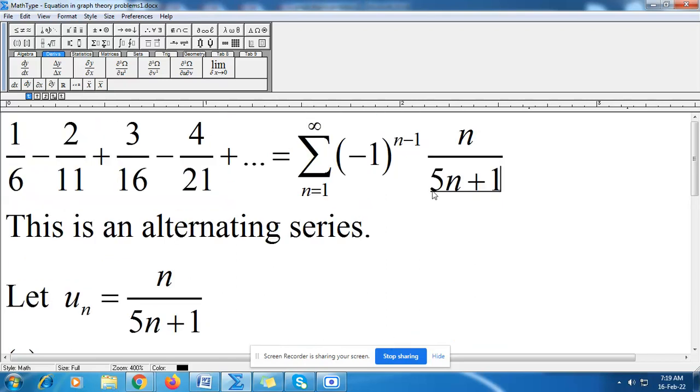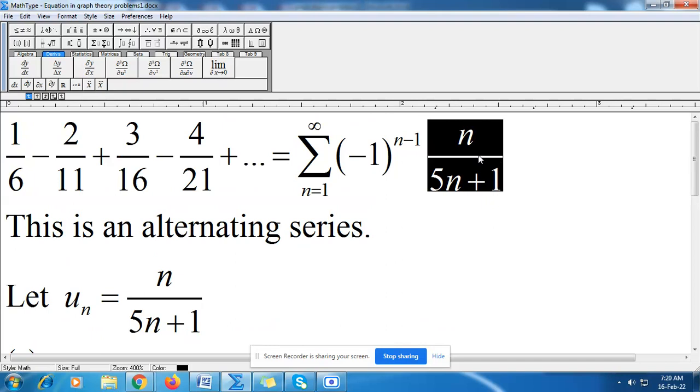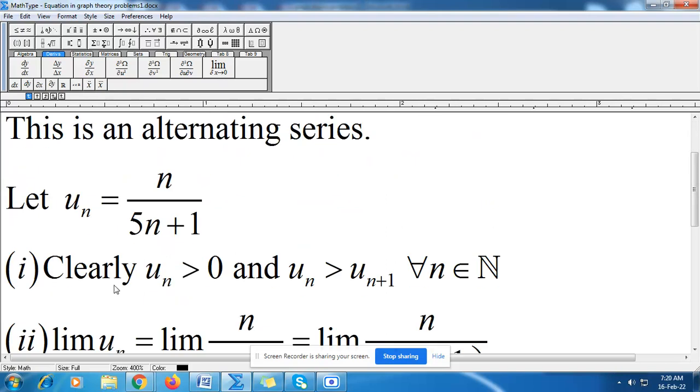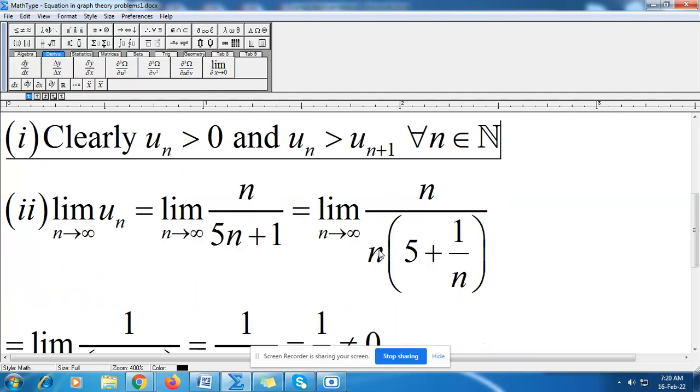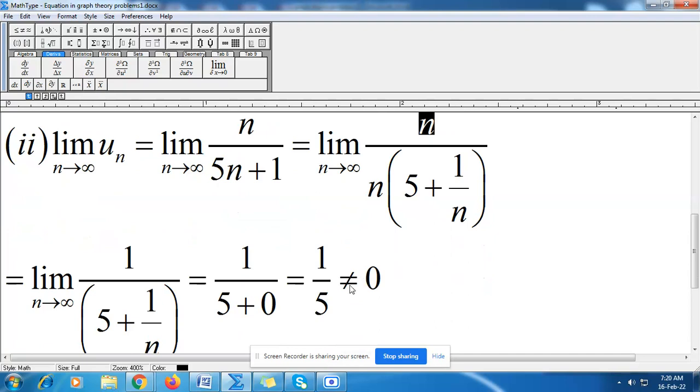Now take u_n as n by 5n plus 1. Clearly u_n is greater than 0 and u_n is greater than u_(n plus 1) for all n belonging to N. Now check the second condition: limit of u_n as n tends to infinity. Here u_n is n by 5n plus 1. Taking n common in the denominator and cancelling n in numerator and denominator, we have 1 by 5, which is not equal to 0.